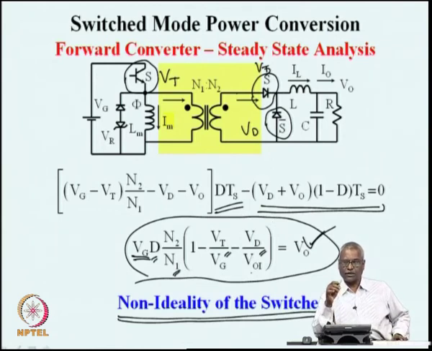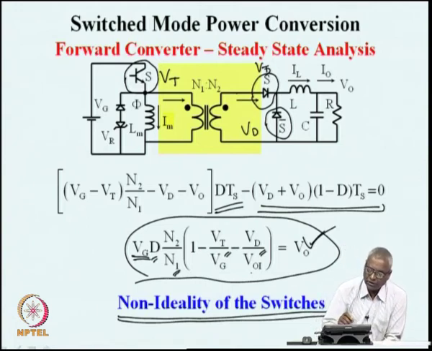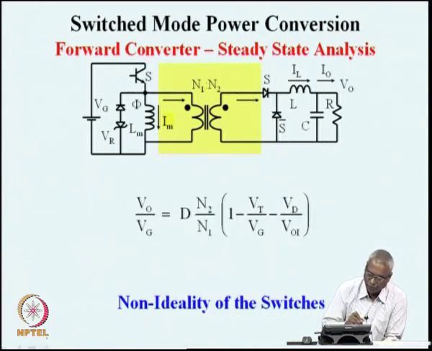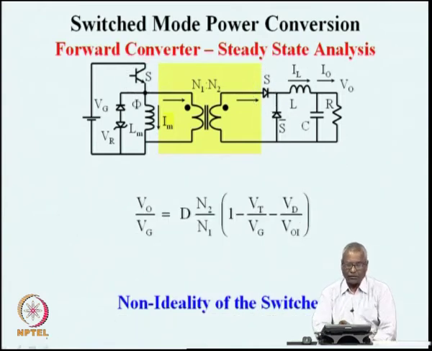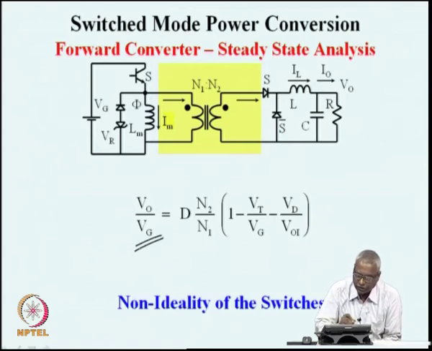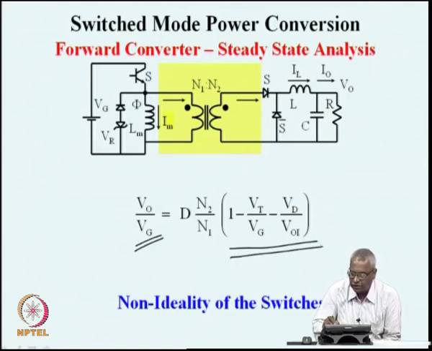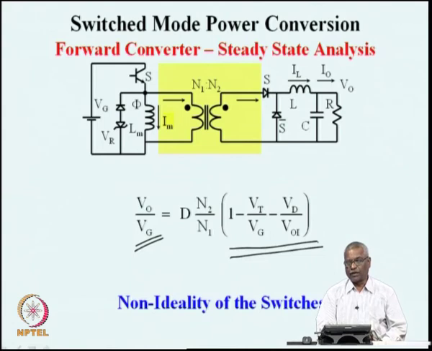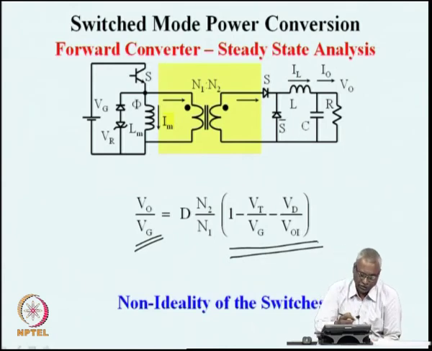So, this is the non-ideal performance of an isolated converter which has voltage drops across the switches. This quantity can be simplified, so that the ratio of the voltages is the ratio of this quantity, 1 minus Vt by Vg minus Vd by V0. This represents the non-ideality of the switches.